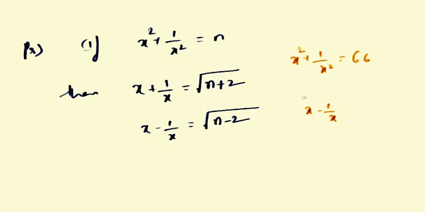Friends, we are going from square to single power, so we need to root the given thing, root 66. It is minus, so we go for minus, again minus 2, so it will become root 64, that will be nothing but 8. Remember this technique: root, minus 2. To go from square to the simple thing, do root, and if it is minus you put minus, here you put minus 2.